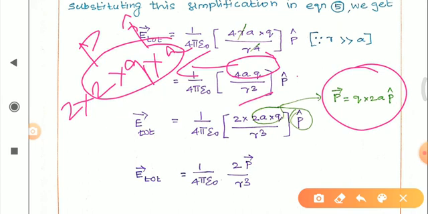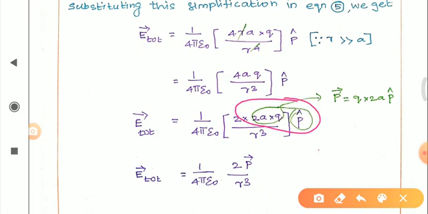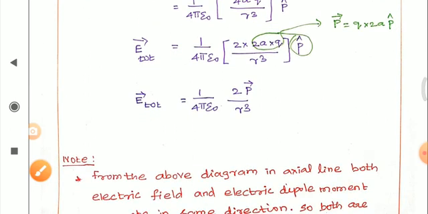So 1 by 4 pi epsilon naught, R cube is there, and in the numerator it simplifies to 2P vector.